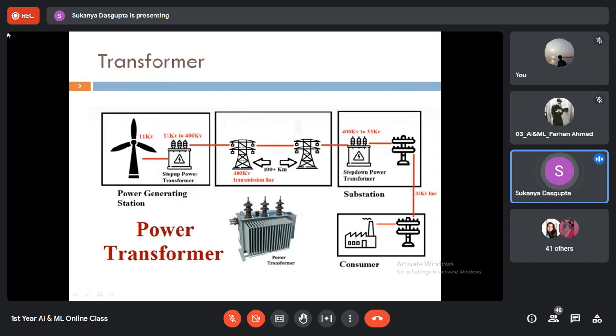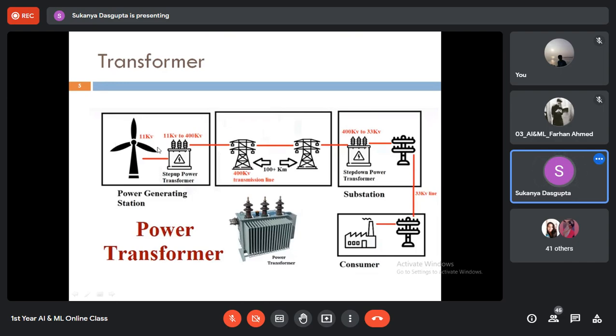So in this slide, a single line diagram has been drawn showing how power is getting transmitted from power generating station to consumer end, right?